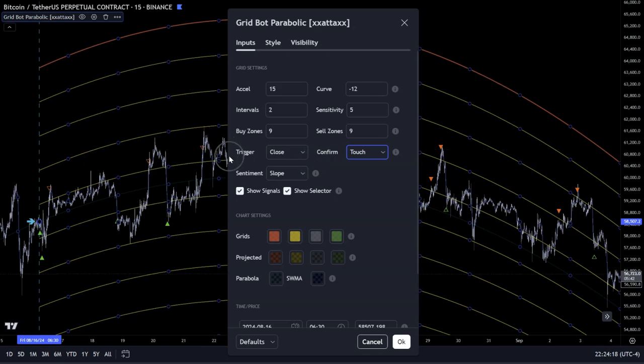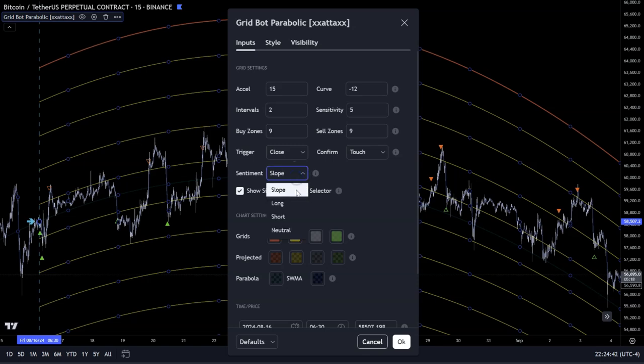Now the sentiment, it's defaulting at slope. That determines when you're going to take the primary versus secondary signals. In this case, it's going to signal primary signals in the same direction as the slope. So if the slope is moving upward, the primary signals will be longs, and the primary signals will be shorts when the slope is tilting downward.